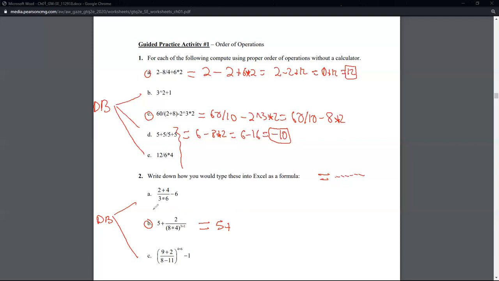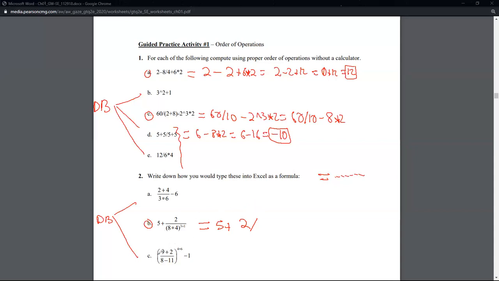But then we've got our fraction. Now the 2 is the only thing in the top, and it doesn't have an exponent being applied to it, so I don't need a parentheses. I can go ahead and do slash. Do not use the regular division symbol. Excel doesn't have that. Excel has a slash for division.